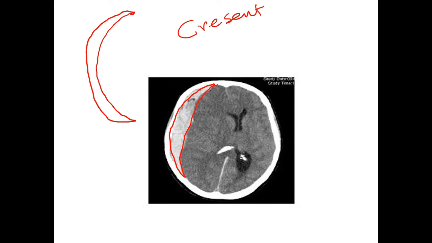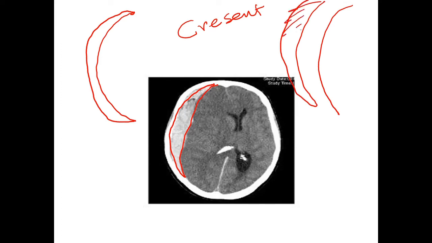That is one. And two, here you can see it is hyperdense. Why is this different from the other? This is crescentic. It means the collection is beneath the dura. If this is the skull, this is the dura, the bleeding is here. So it's just taking the shape of the dura. So you can call it a subdural hematoma.